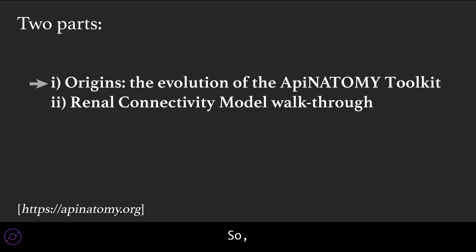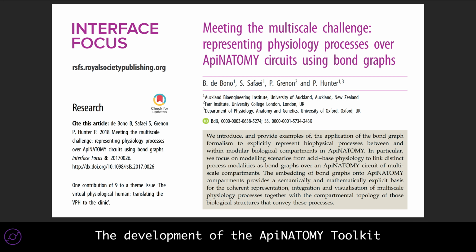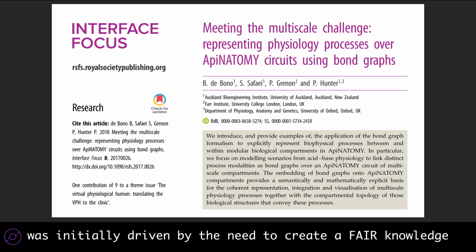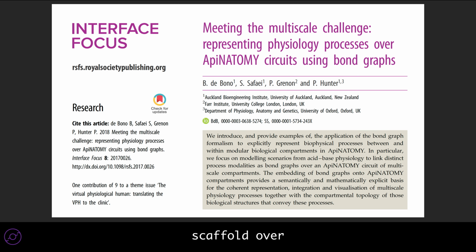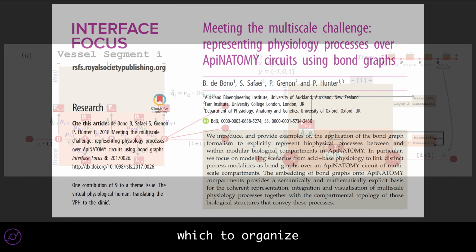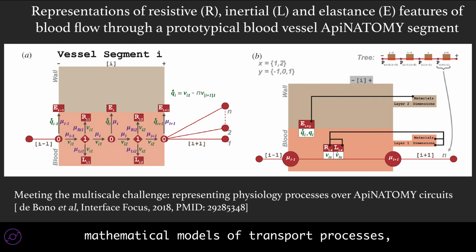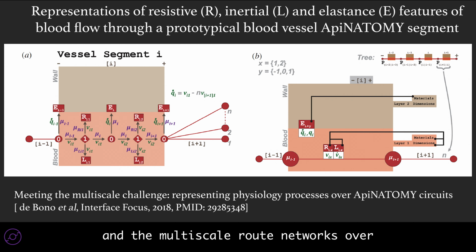So, Part 1: Origins. The development of the ApiNATOMY Toolkit was initially driven by the need to create a FAIR knowledge scaffold over which to organize mathematical models of transport processes, and the multiscale route networks over which such processes occur.